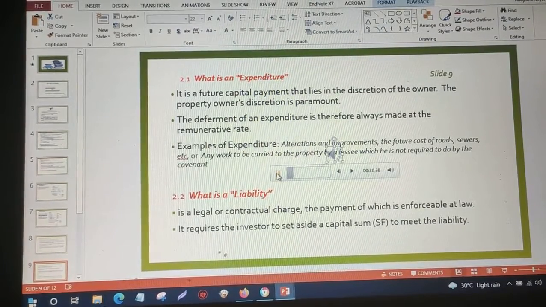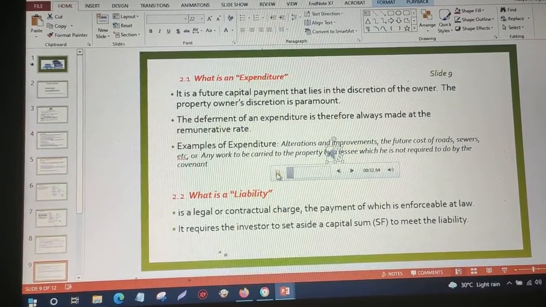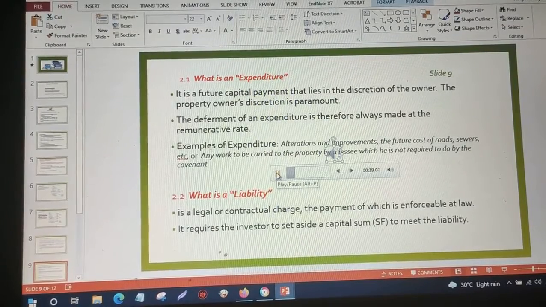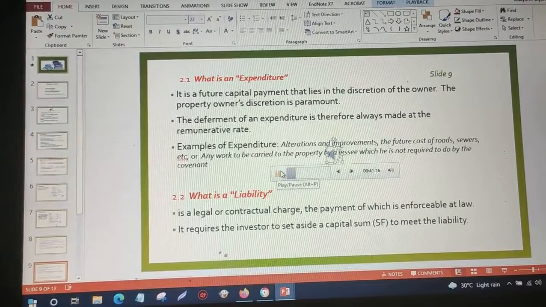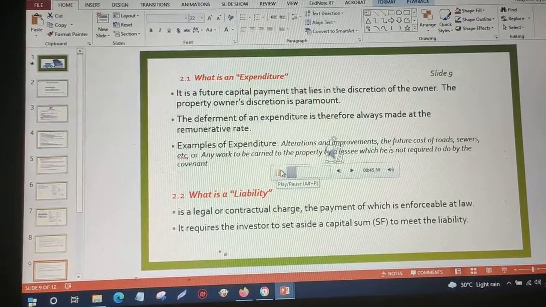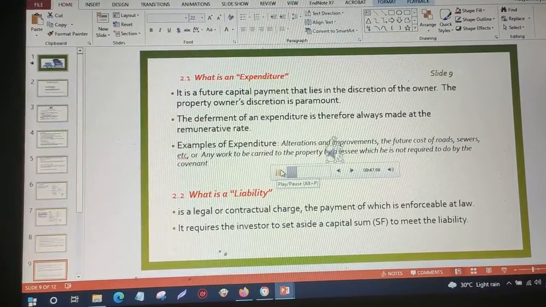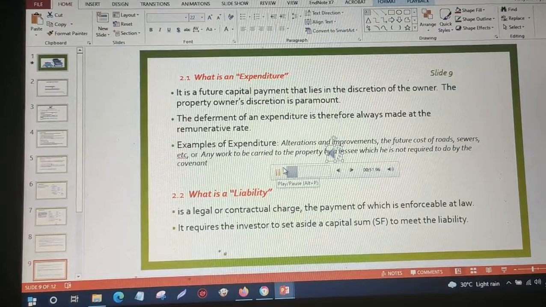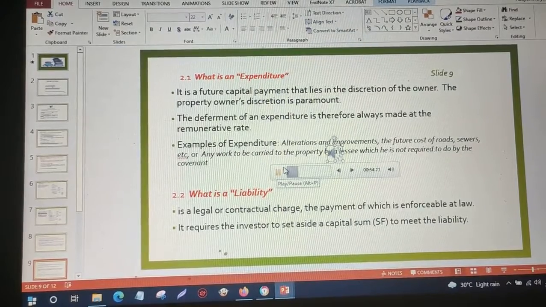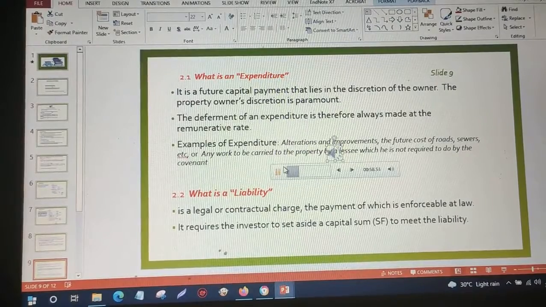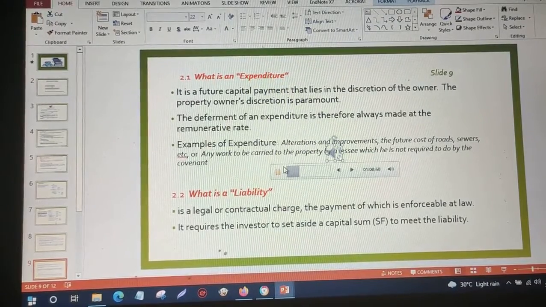The owner is not under any compulsion, any agreement, or any lien, or any form of compulsion, to carry out the payment. So it's free. He may do it, he may not do it.